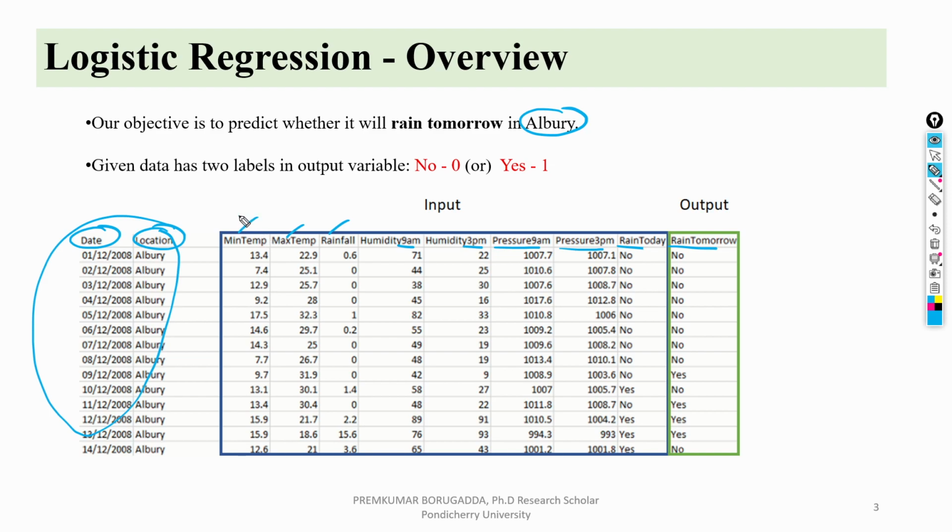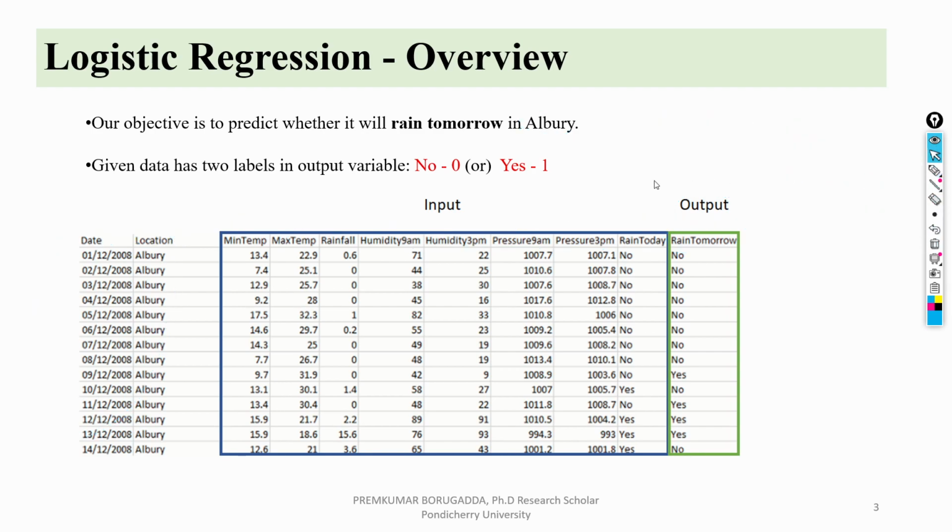Minimum temperature 1, 2, 3, 4, 5, 6, 7, 8, which means 8 independent variables plus rain tomorrow, which is our target variable, so in total our data set contains 9 features.